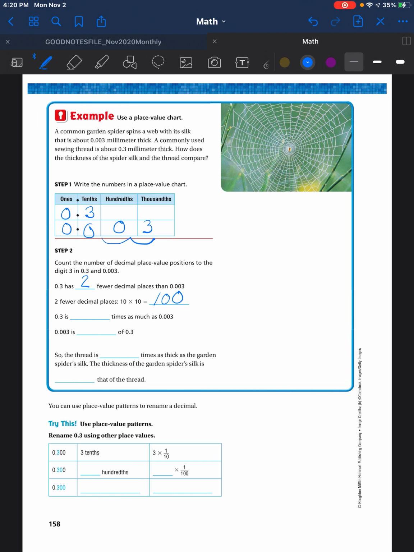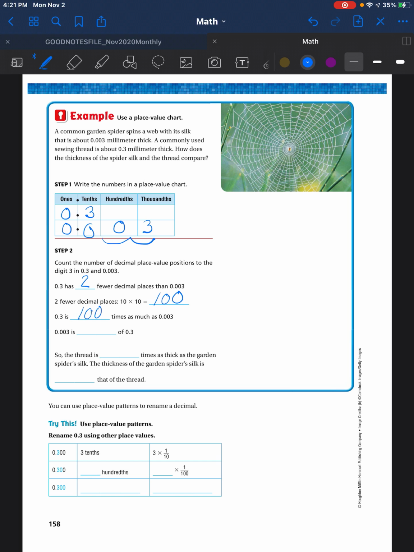So 3/10 is 100 times as much as 3/1000, because remember, the closer to the decimal, the bigger the number. The farther away from the decimal, the smaller the number.